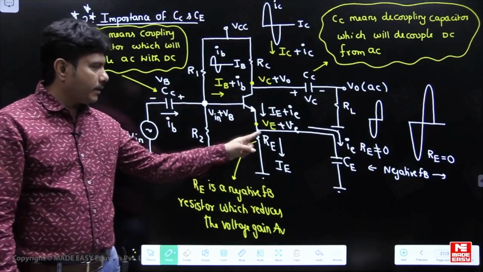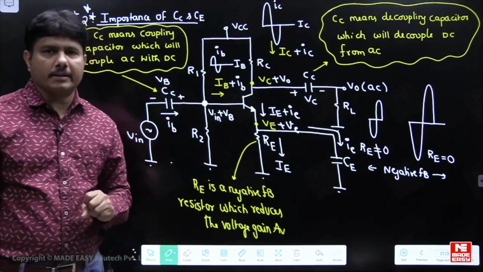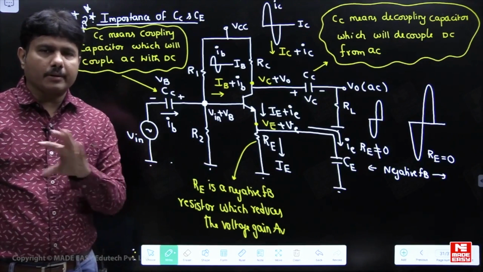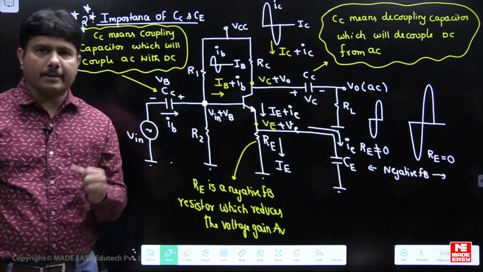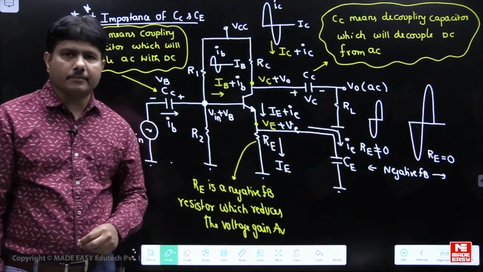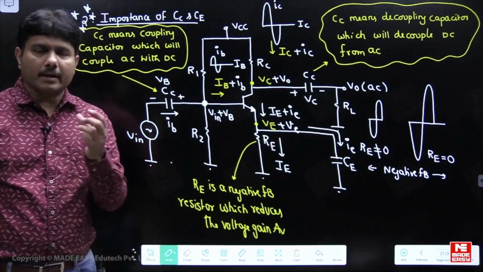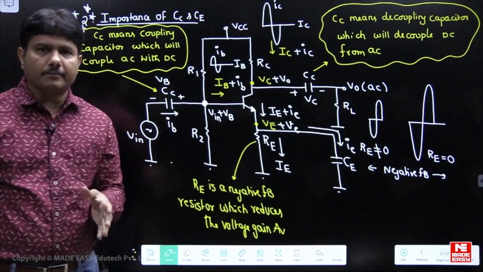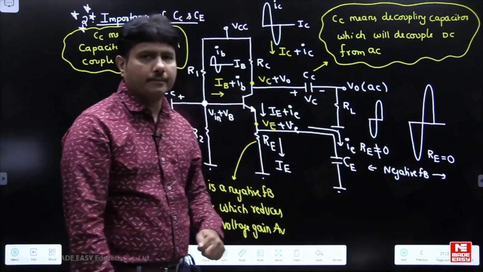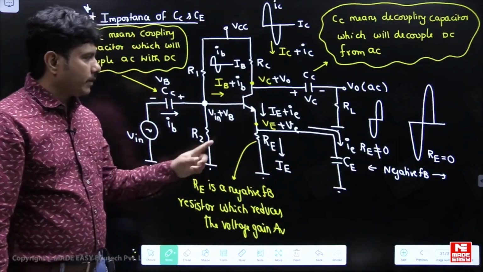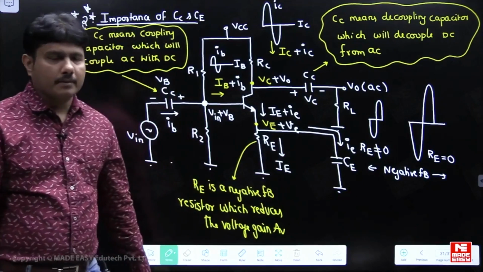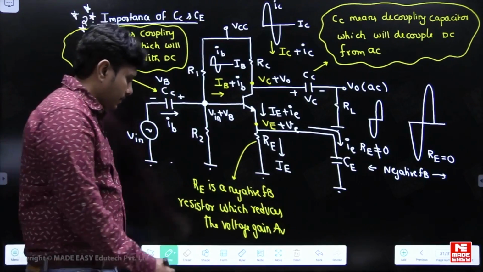Therefore RE का इंपॉर्टेंस खत्म हो जाएगा AC एनालिसिस में. तो इन AC एनालिसिस RE का इंपॉर्टेंस नहीं होते if you keep a bypass capacitor. Therefore it will become short circuit when AC analysis comes. CE will short the RE value, so RE will become 0. So this concept will come when you keep the capacitor. Okay, if you don't keep the capacitor, this condition will come. So this is called the story of bypass.